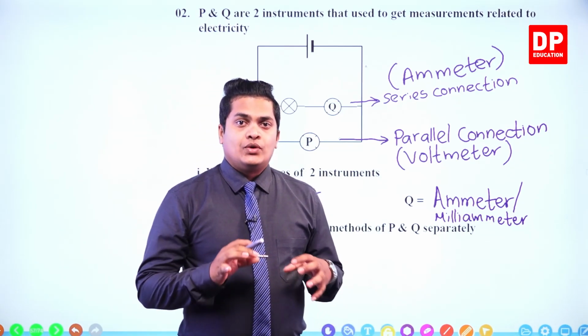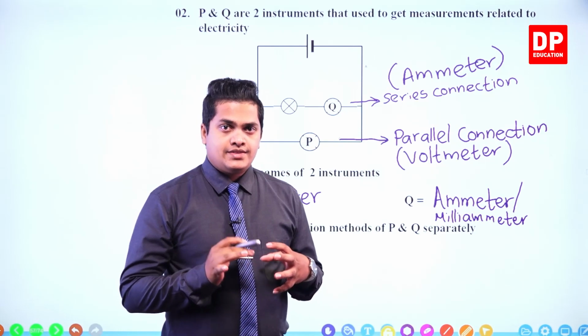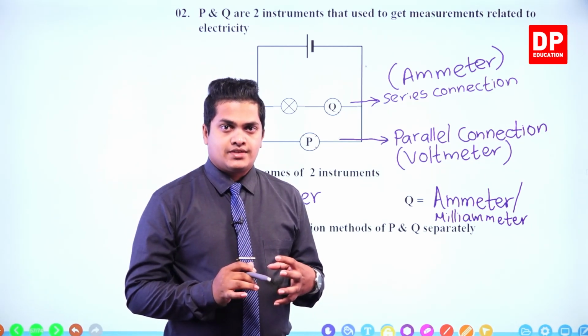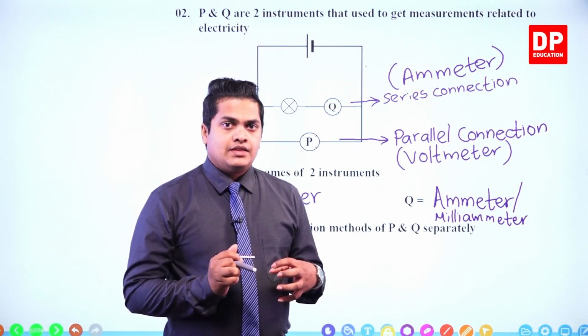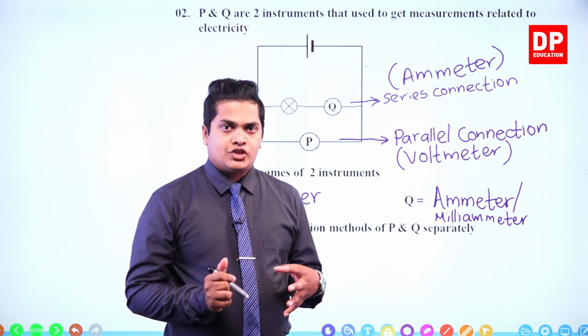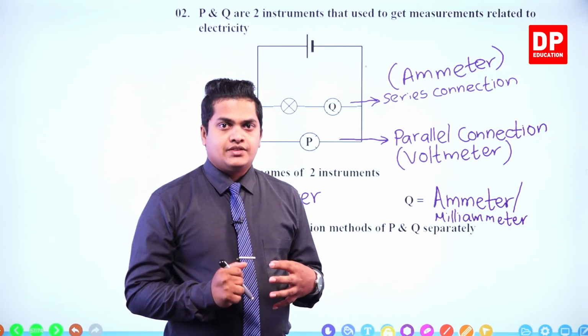The instrument connected in series is the ammeter or milliammeter. The instrument with a parallel connection is the voltmeter.